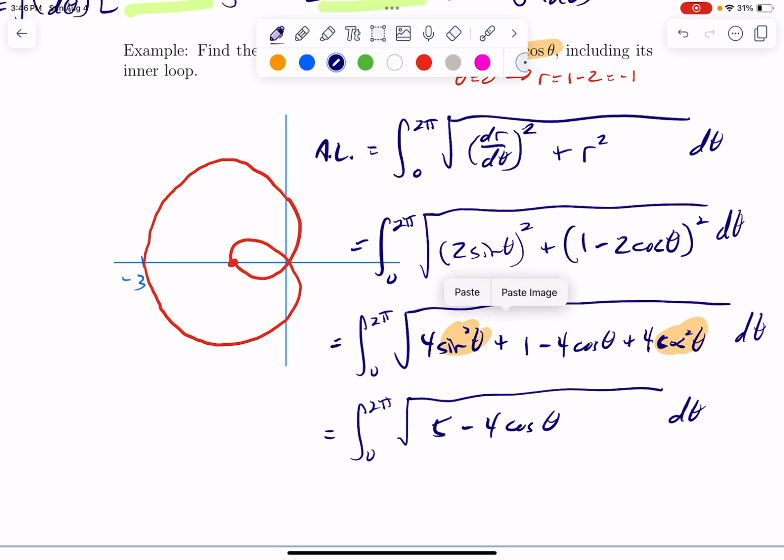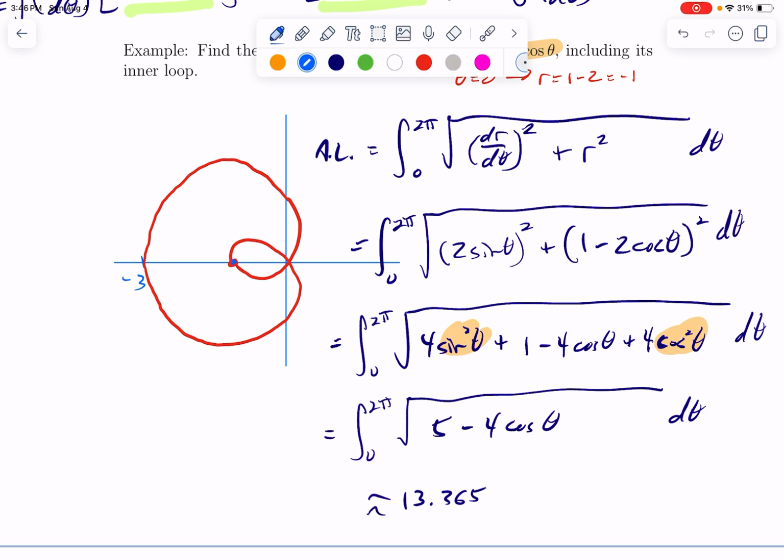And I am integrating the square root of 5 minus 4 cosine theta. And what I got here is 13.365. And let's just test, does that feel plausible?